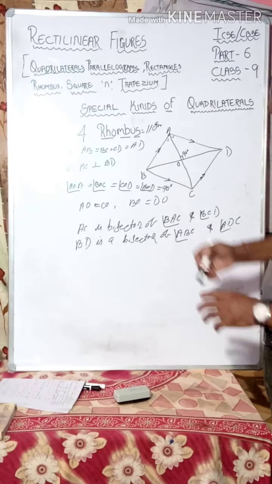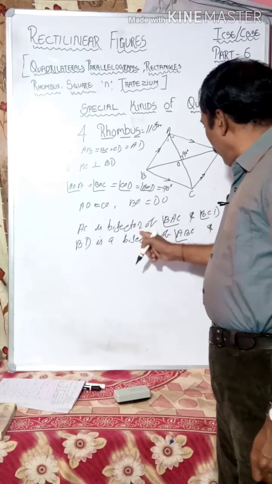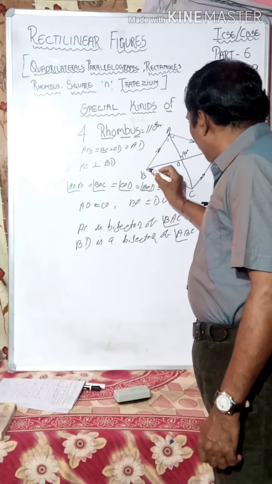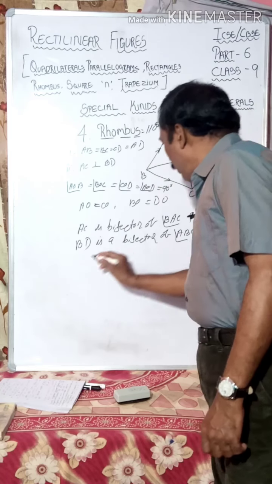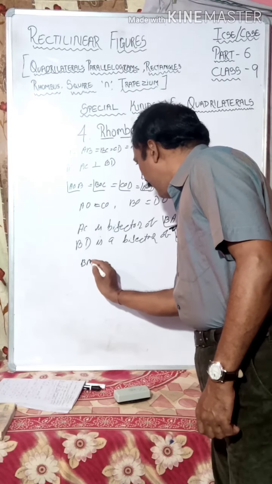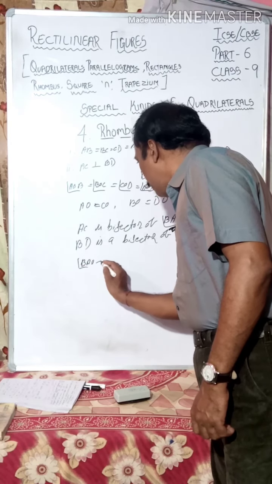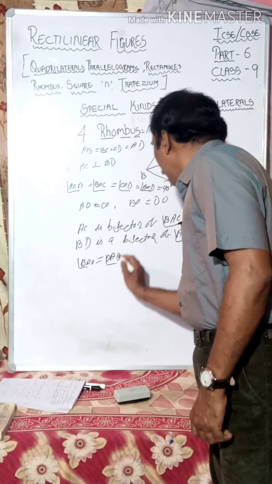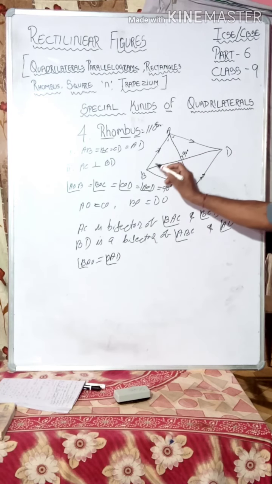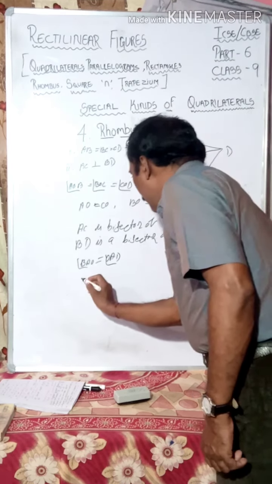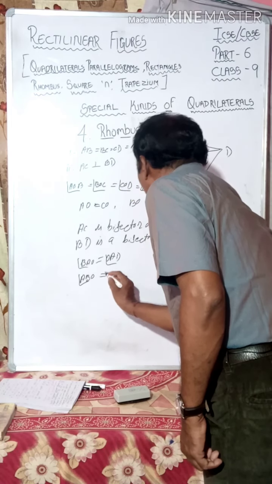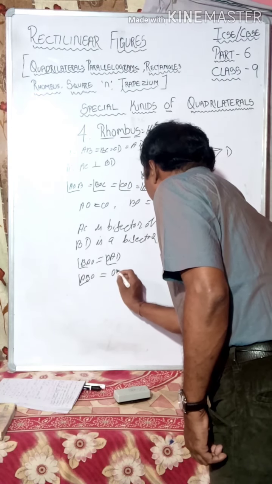So this means angle BAO is equal to angle OAD. Here angle ABO is equal to angle OBC.